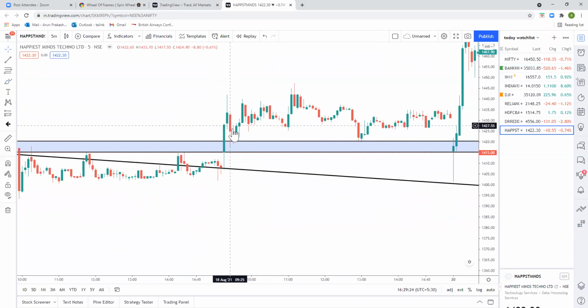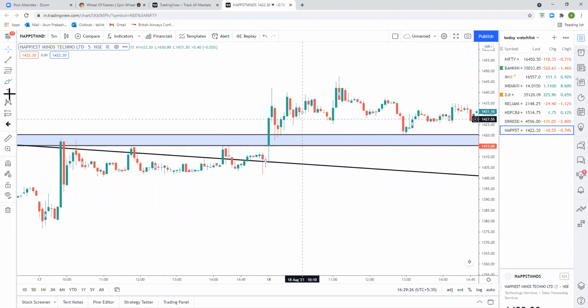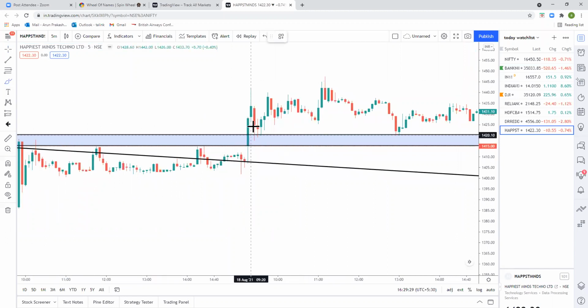We can check if it is coming for a retest of the previous day high, and we can take a trade there. This is your first signal that this stock is not willing to go below this zone. After that, you have a good entry here. You could have entered around 1422, keeping a stop loss below this level.